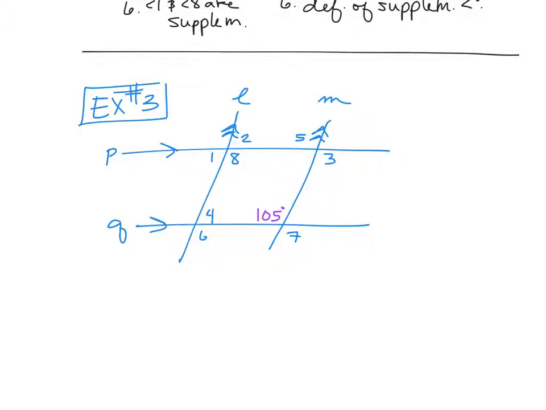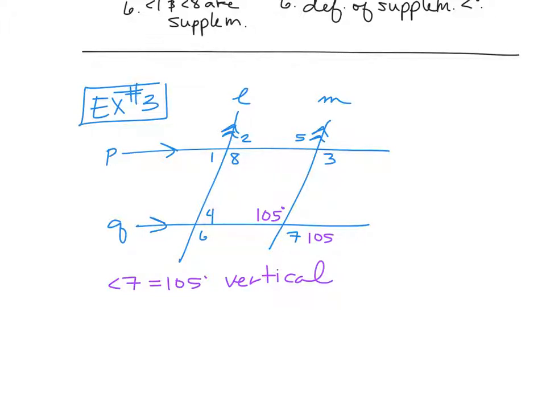Pick an angle, tell me what its measure is. Jason. 7 and 8. Just tell me one. Okay, 7. Angle 7 is 105. Why do we know angle 7 is 105? It's a vertical angle to the 105 that we have, right? Okay, so we know this is 105.